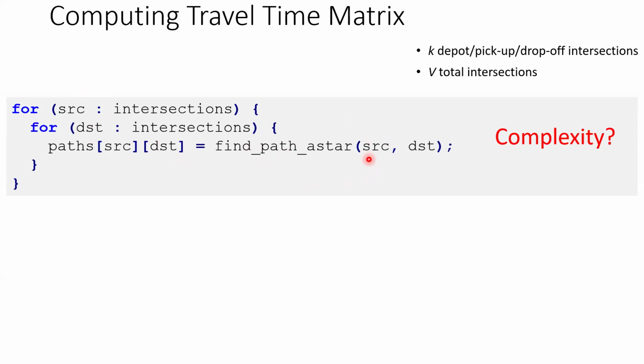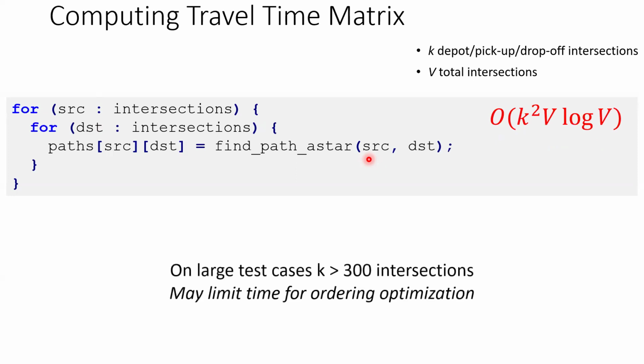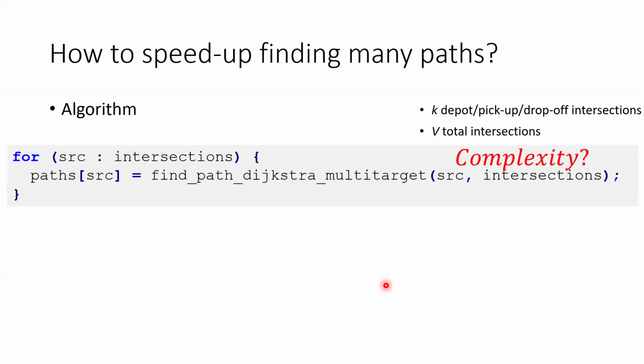The complexity of Dijkstra is V log V. So everything together is K squared V log V, which is very slow. On large test cases where K is greater than 300, it will be very, very slow.